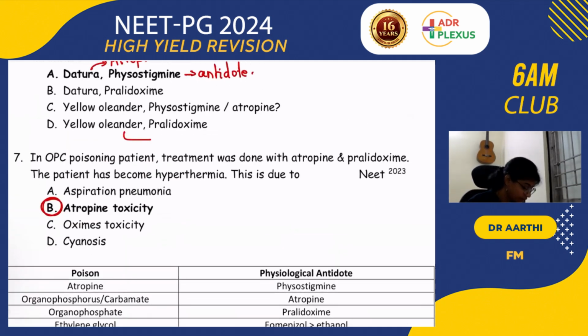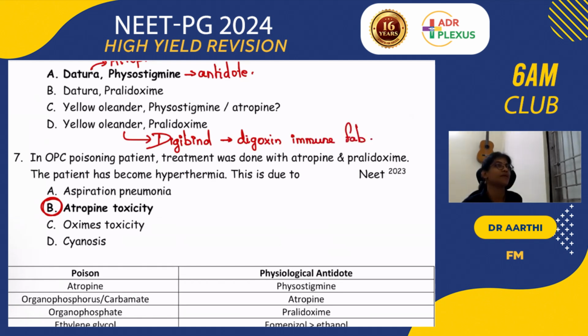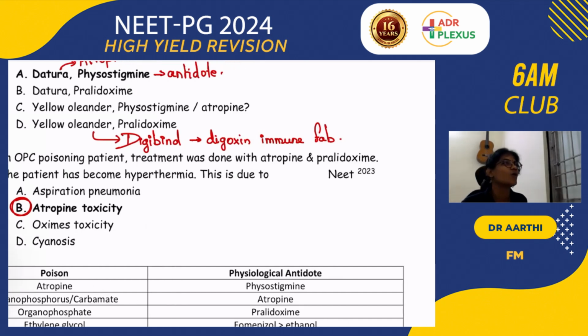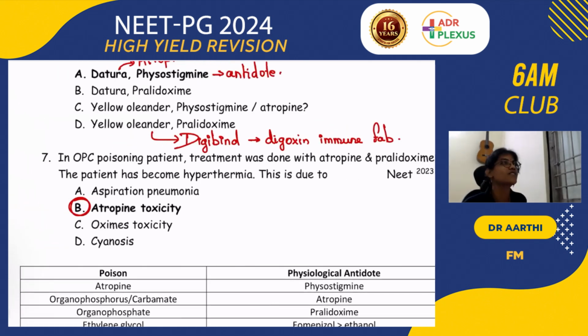For yellow oleander, you use Digibind, which is nothing but digoxin immune Fab. So we use this to counteract the symptoms. So it's an antidote. It's a physiological antidote which is serologically developed. So it's a serological antidote also.